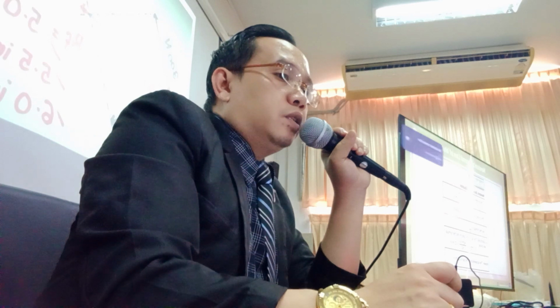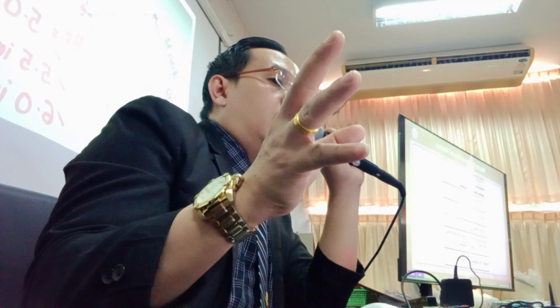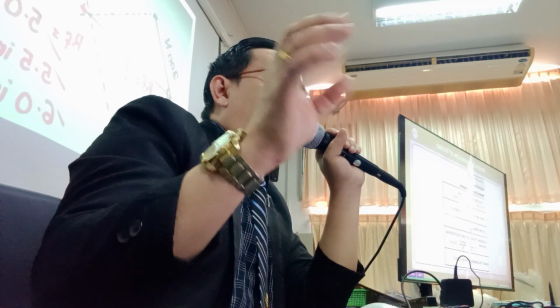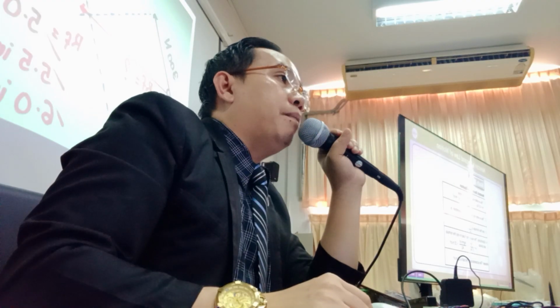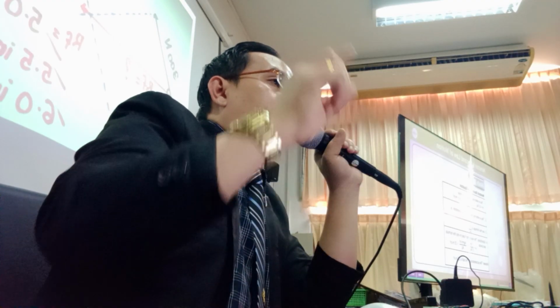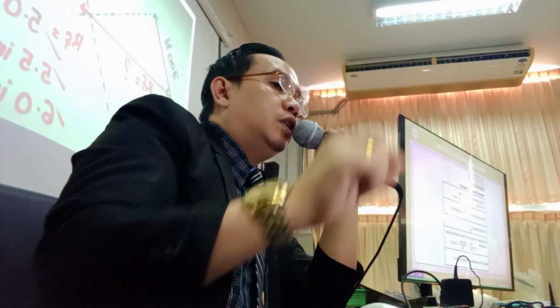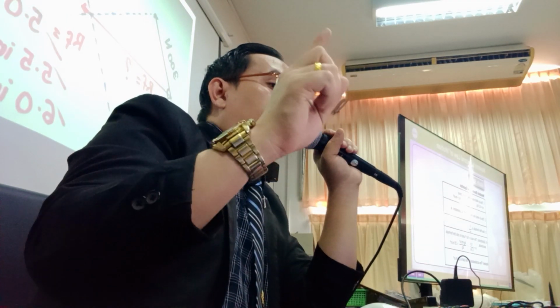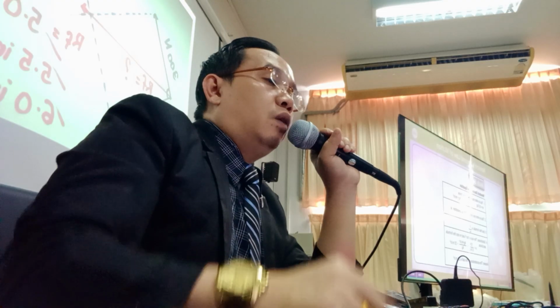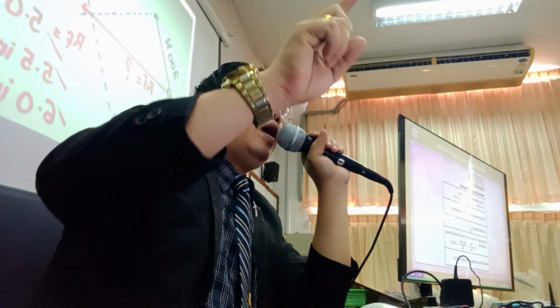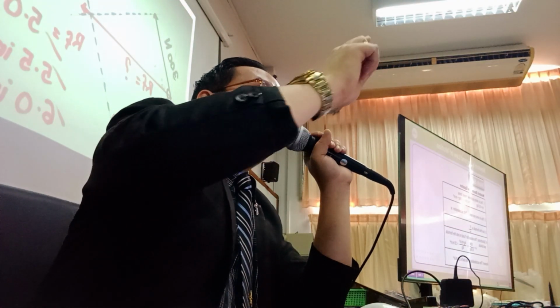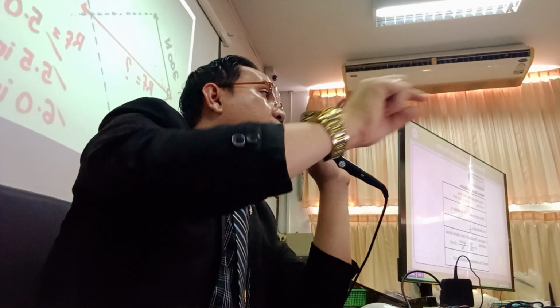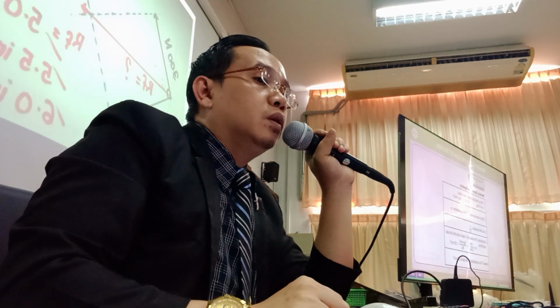If you are going to consider this formula, in this example the mass of an object is 0.5 kilogram and the force is 10 newtons. You need to find the acceleration. We use the formula again: a for acceleration equals F for net force divided by m for mass.